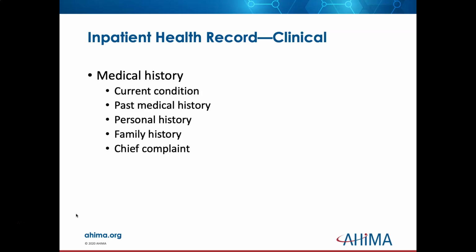Well, I won't get into the rest of that, but you can pretty much strike out personal history and think mentally social history, things that you do socially that may have an impact on your medical situation. Family history. Do your parents or brothers or sisters or grandparents have any kinds of conditions that may have a genetic or hereditary factor that the provider needs to be aware of that may be in play here?